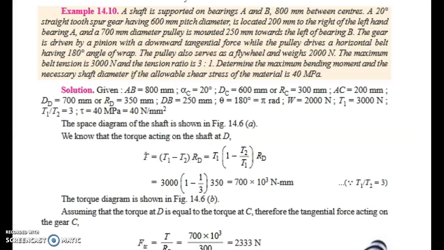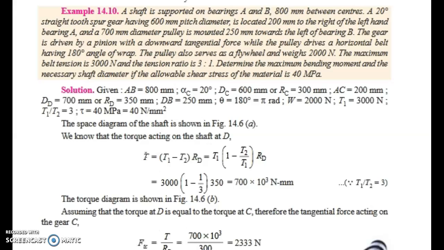and a 700 mm diameter pulley is mounted 250 mm towards the left of the bearing B. The gear is driven by a pinion with a downward tangential force, while the pulley drives a horizontal belt having 180-degree angle of wrap.